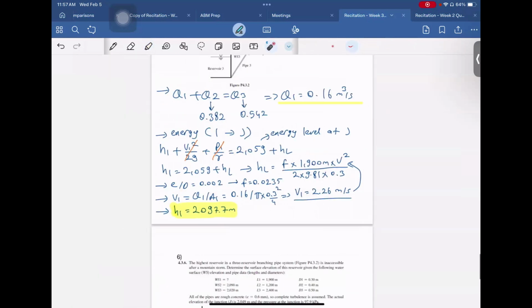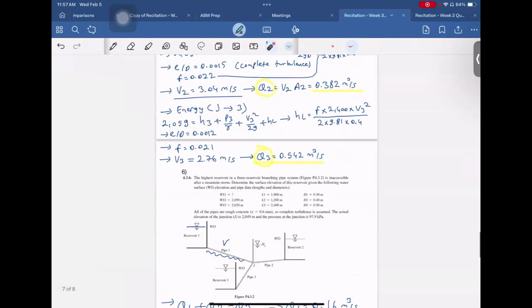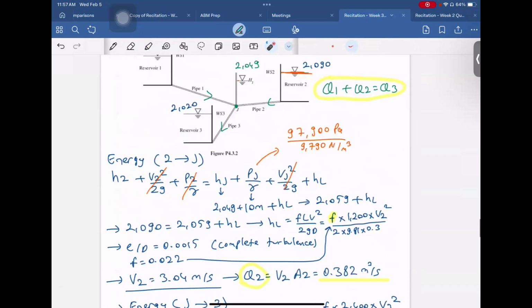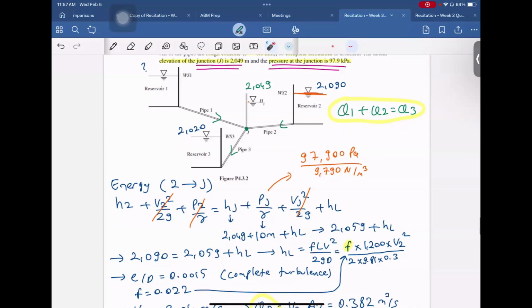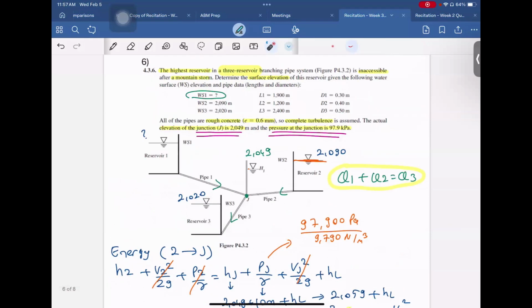So let me summarize the question again. In this question, as a difference from the previous one, we know the elevation of the junction so that we can determine the direction of flow at the beginning.